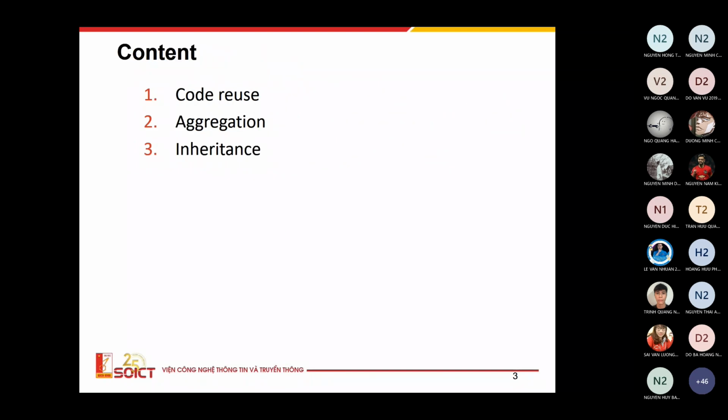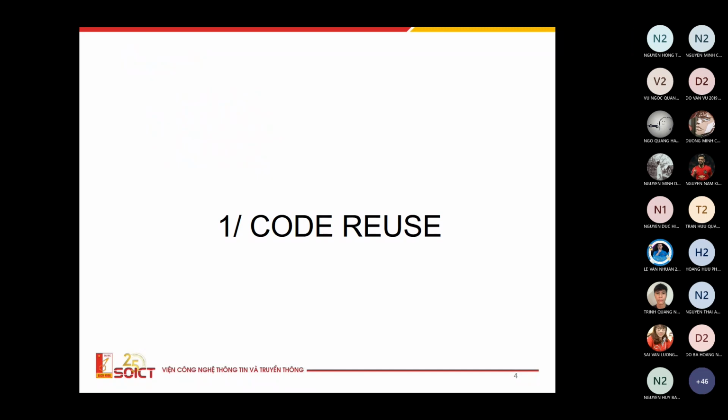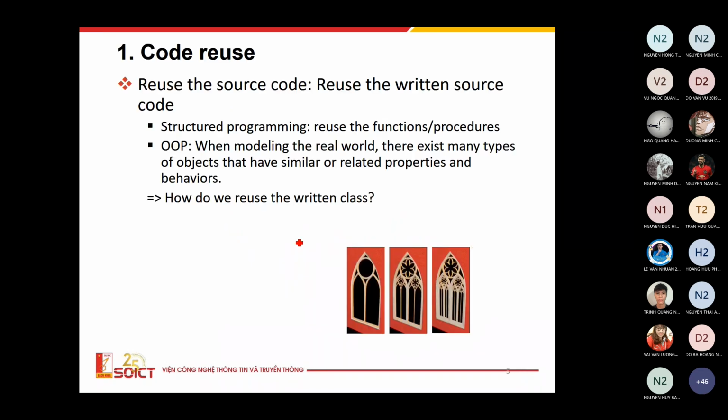We will have 3 parts in this lesson. First, we will talk about code reuse. That means you can reuse the written source code. For example, we use a function or procedure in structured programming to reuse code.